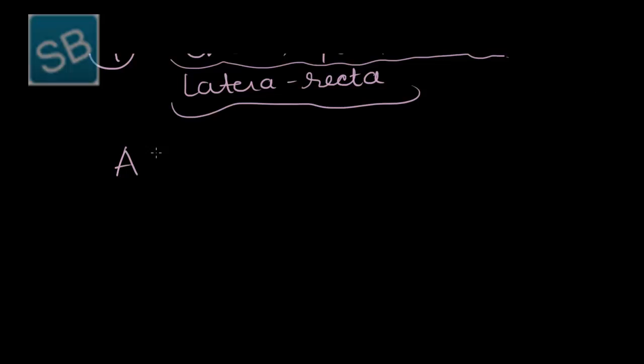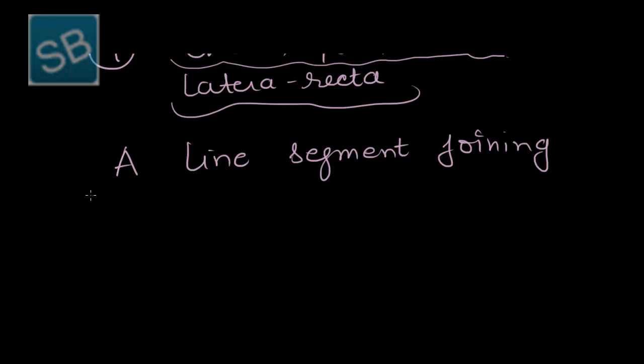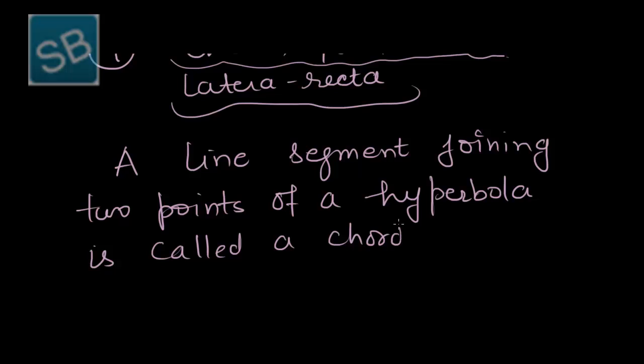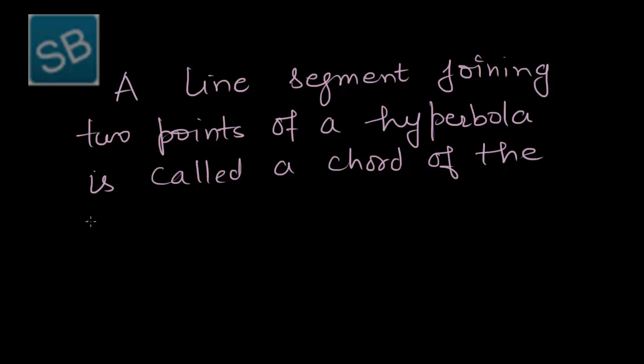So a line segment joining two points of a hyperbola is called a chord of the hyperbola.